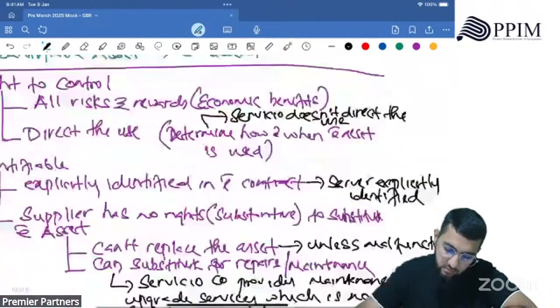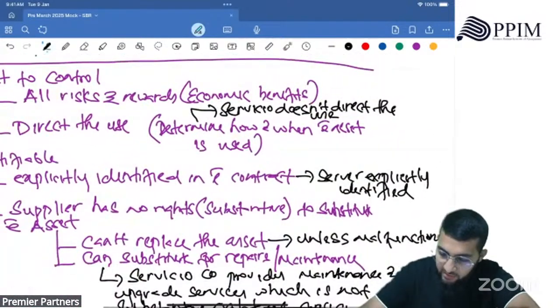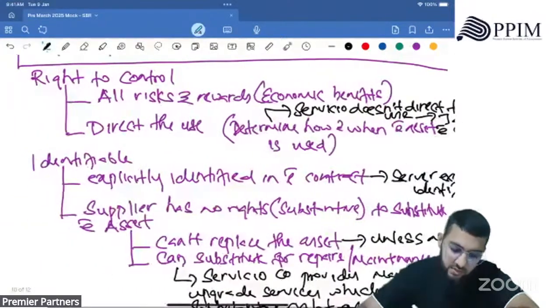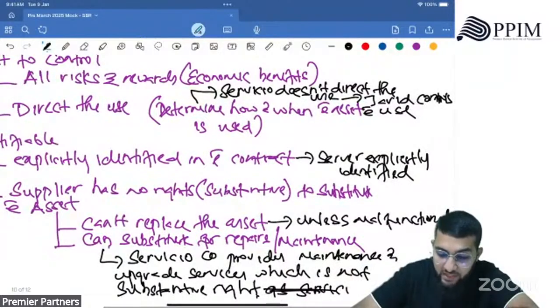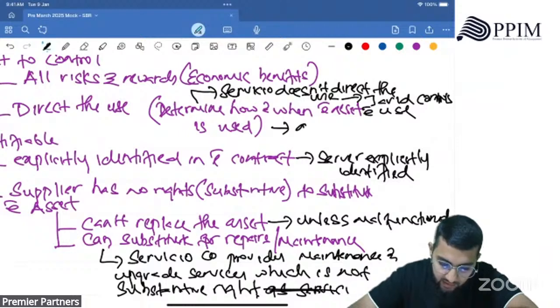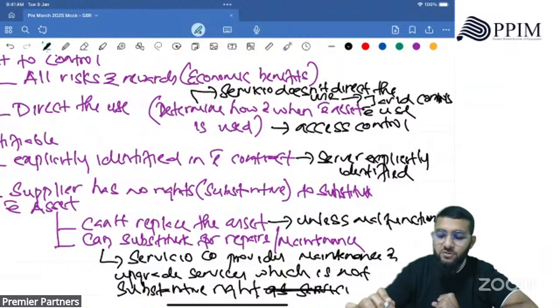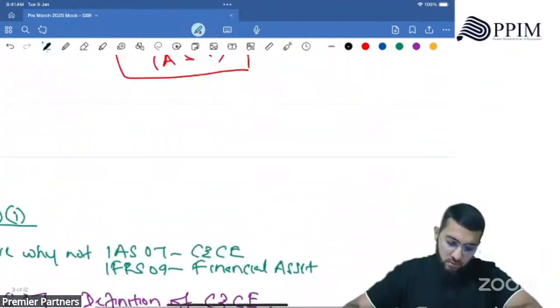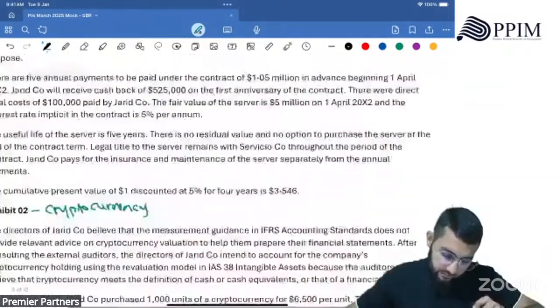ServiceCo doesn't direct the use. Instead, Jaritco controls the use, right? So they are clearly saying right to control, and also the access control is with Jaritco at Jaritco's head office. So that part is clear.